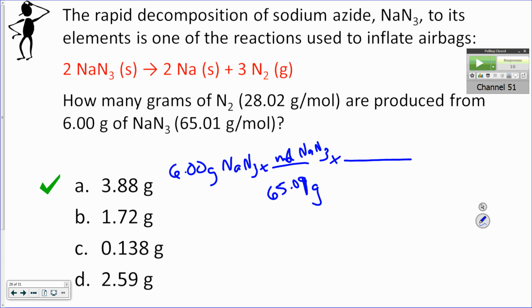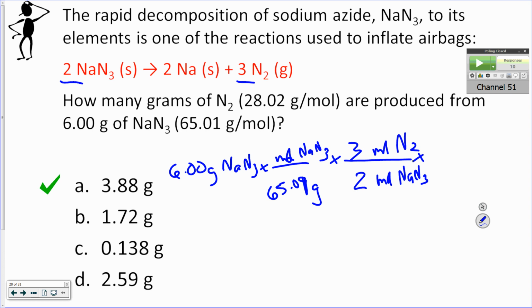Stoichiometric relationship. So those of you who missed it, it's likely where you missed it. I need to look at the balanced reaction which is given, and I need to know the mole ratio between the sodium azide and the nitrogen gas. 2 moles of sodium azide to 3 moles of nitrogen gas.